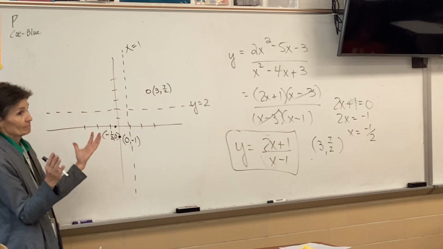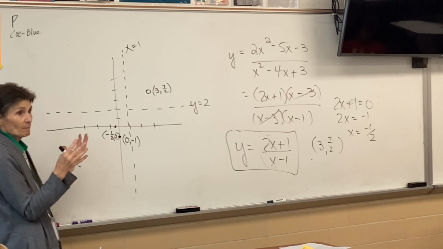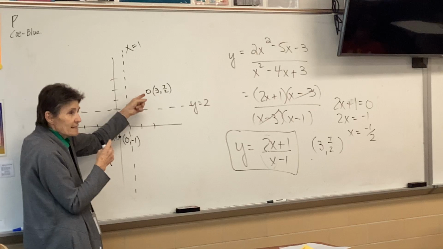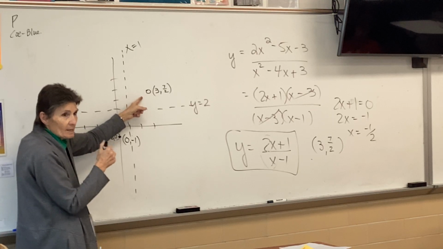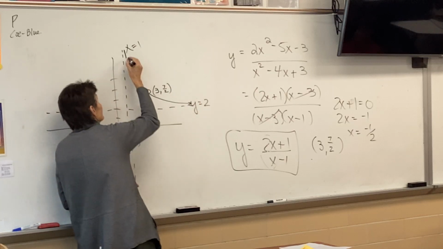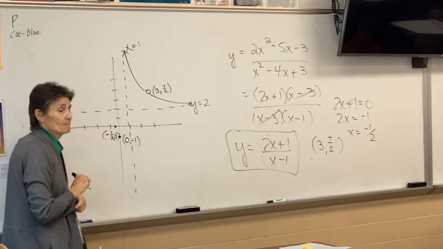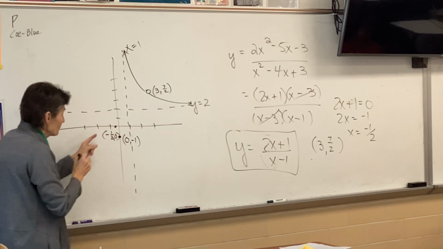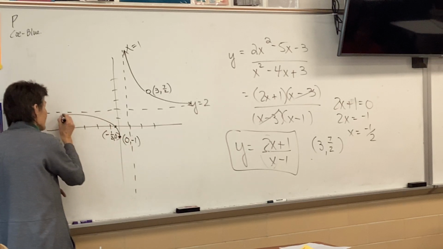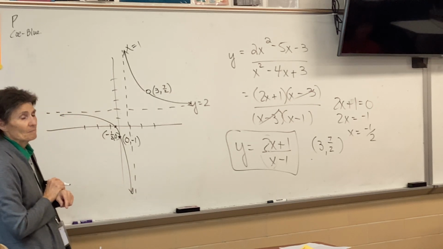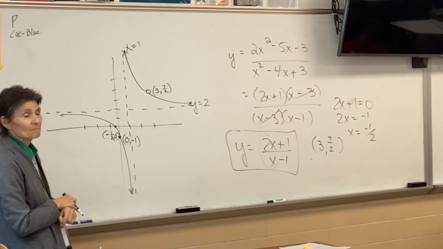Now we need to be able to sketch this thing, so see this little point that's sitting up there all by itself? That's gotta go like this. And then these two right here? They are connected, so it looks like that, and that's it.